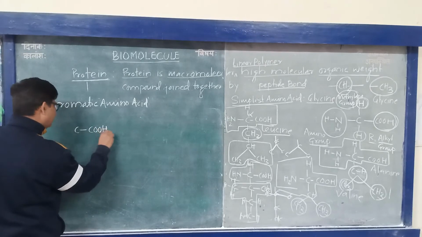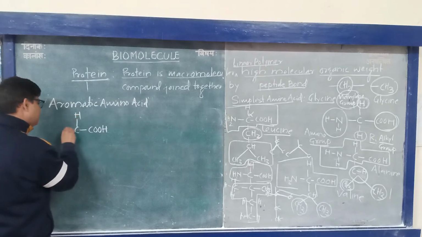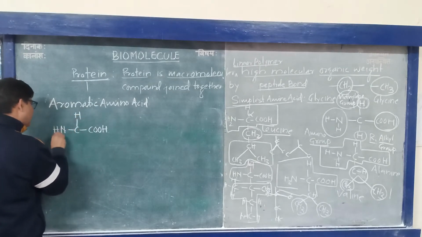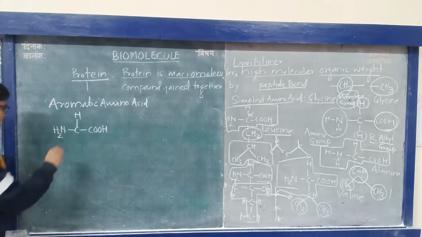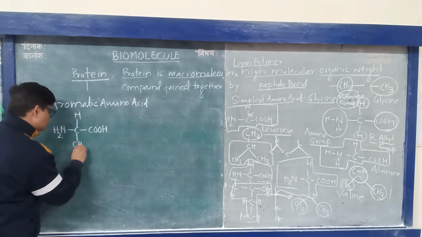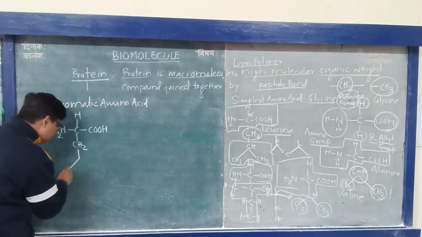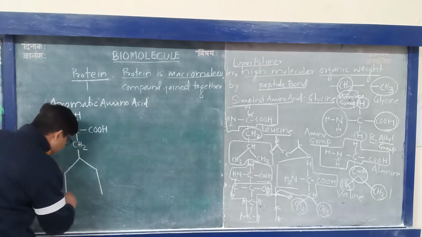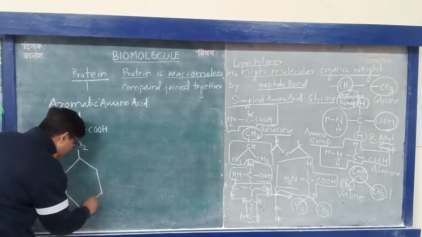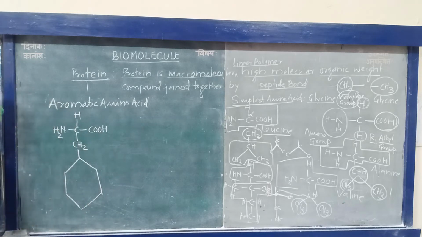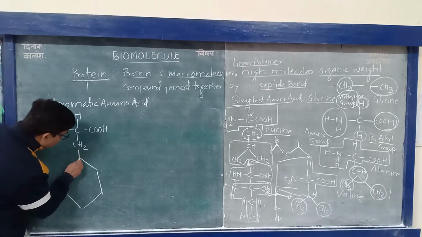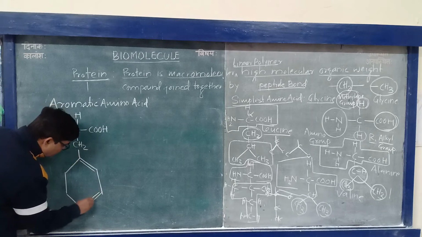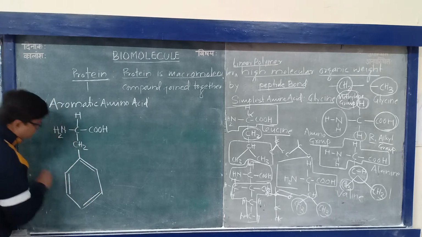Now you have to add one CH2, and then draw like that. So this is the phenyl group. Now you can draw the alternate double bonds.